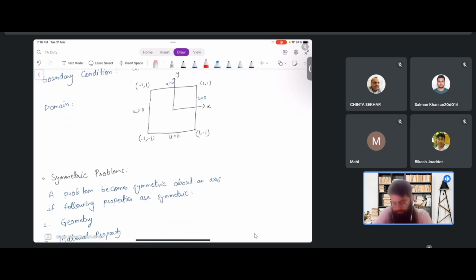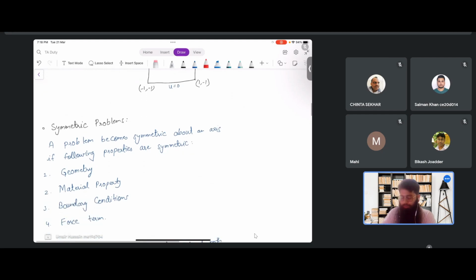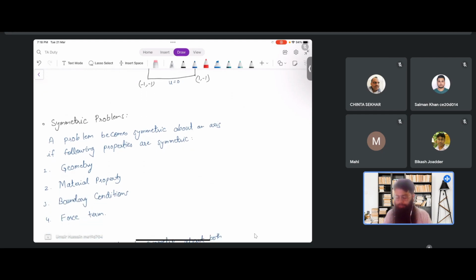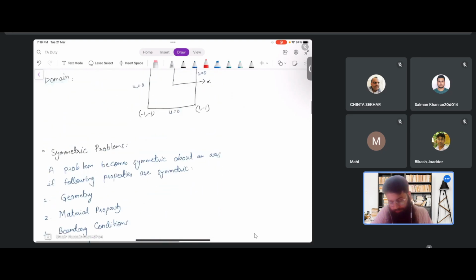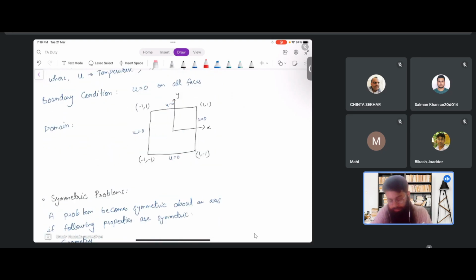Not just one or a few of these, all four of these conditions should be satisfied for the problem to behave as a symmetric problem. Then we can reduce the problem. We'll see how. This particular problem has all four symmetries about the x-axis and the y-axis, that is y equals 0 and x equals 0.